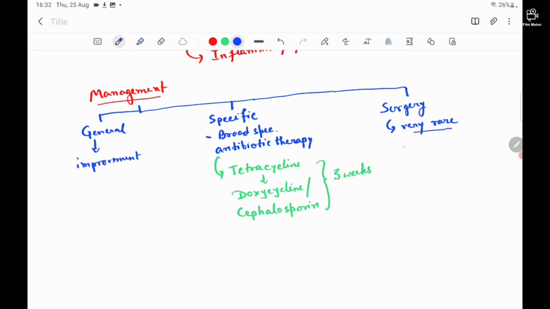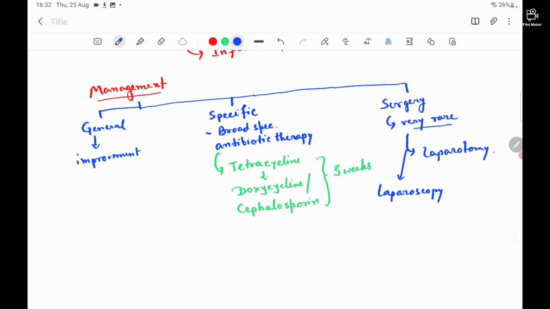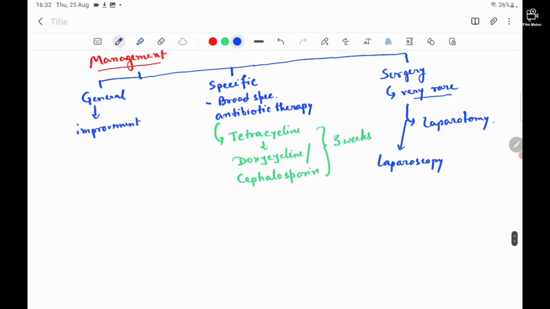The approach might be two: one is a laparoscopic intervention, laparoscopy, or laparotomy. For medicos who are confused between laparoscopy and laparotomy: in laparoscopy we make incisions.